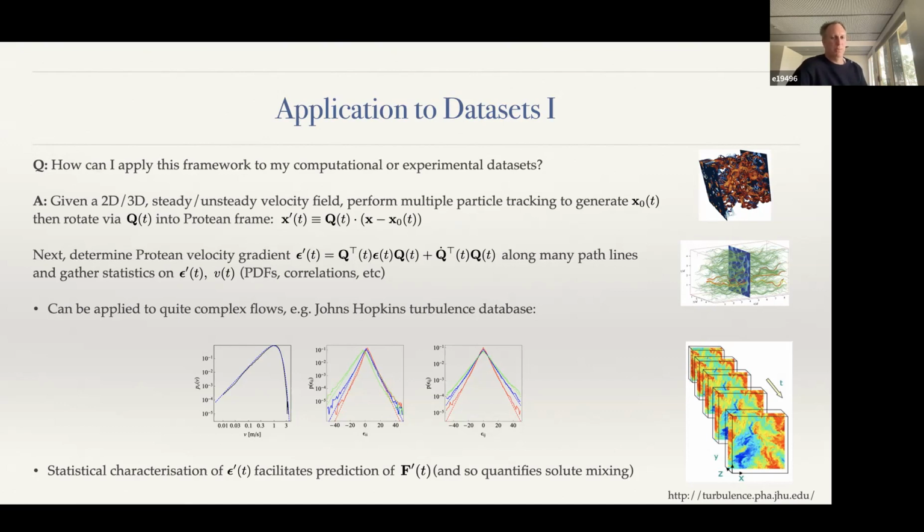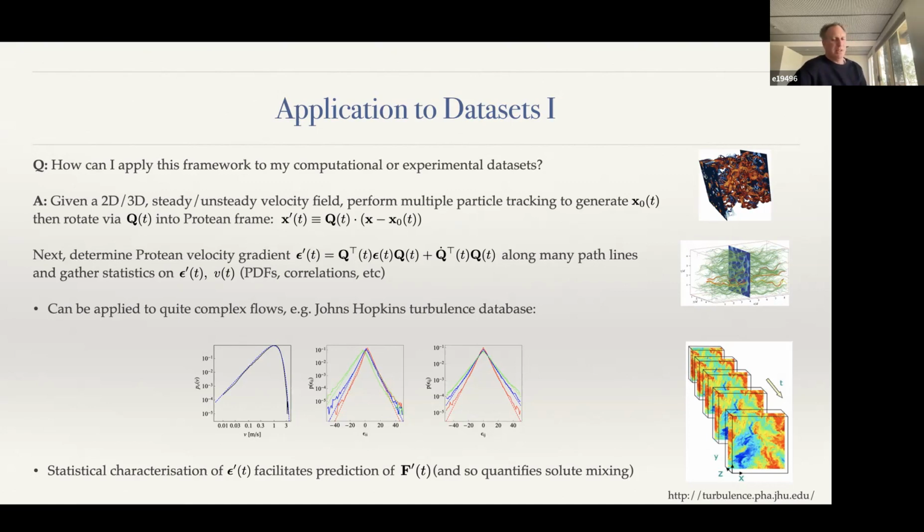We can apply this to quite complex flows. We've done this, for example, to the Johns Hopkins turbulence database, and we get the distribution of velocities along path lines, obviously, and we get the distributions of the 6 elements of the velocity gradient tensor, and we can look at the correlations between those.